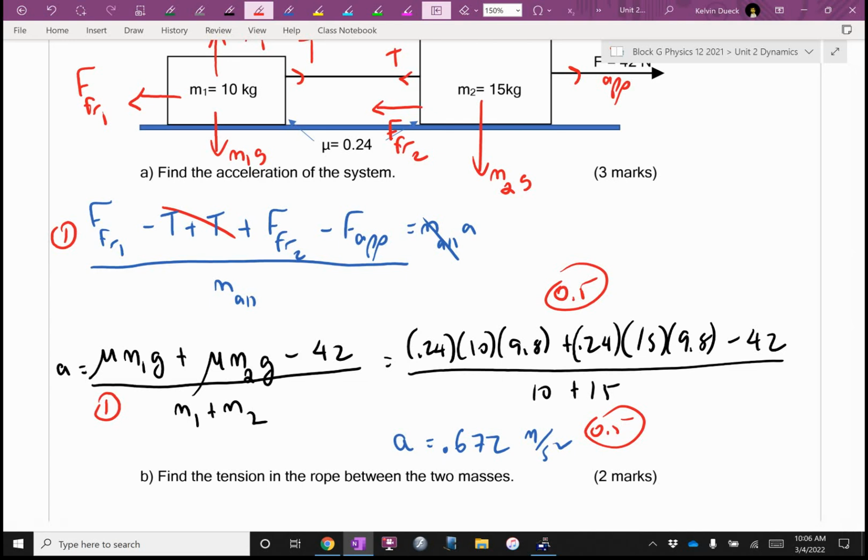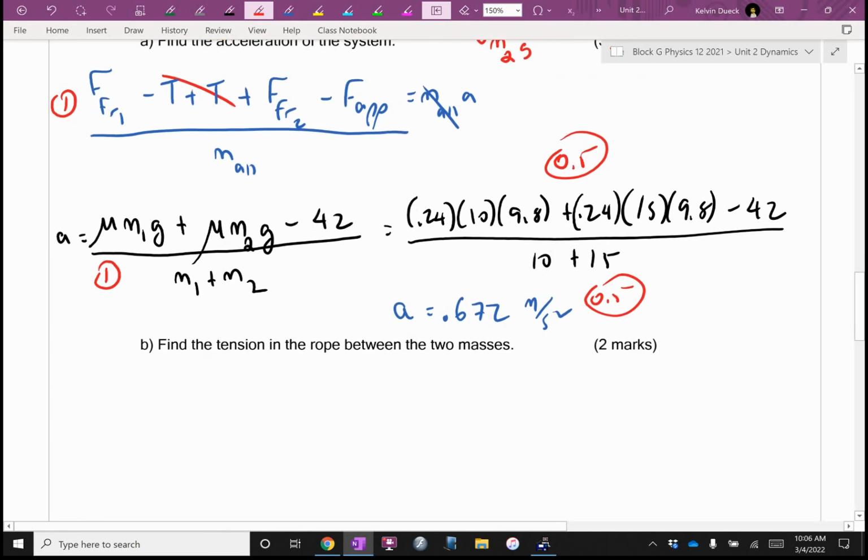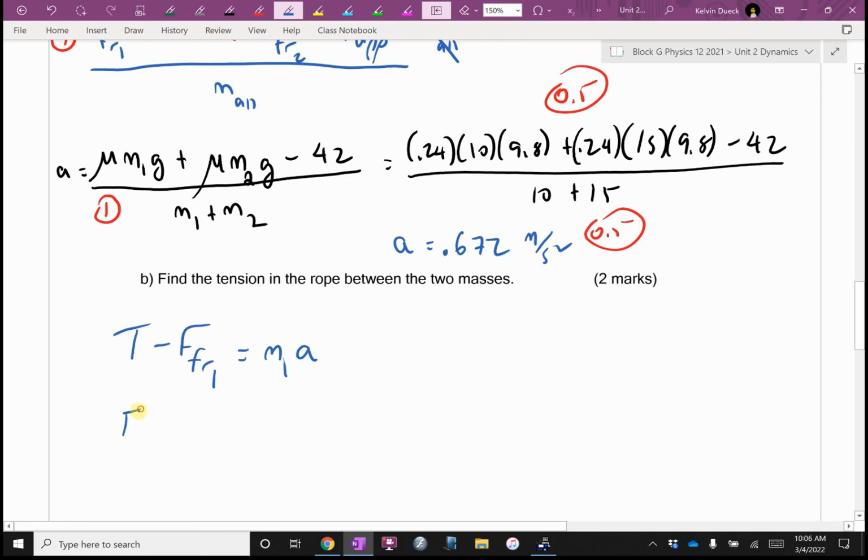Find tension. I think I'd still use mass 1. It's a little less cluttered. I would go tension minus friction force 1 equals M1A. I would say tension equals M1A plus mu times the normal force. I don't know the normal force, but look, another force the same size as the normal force.